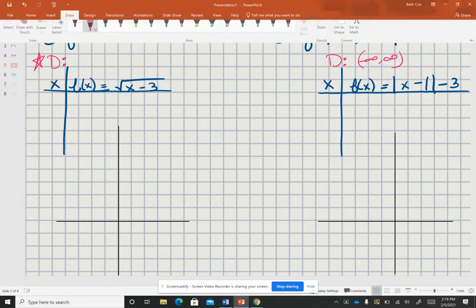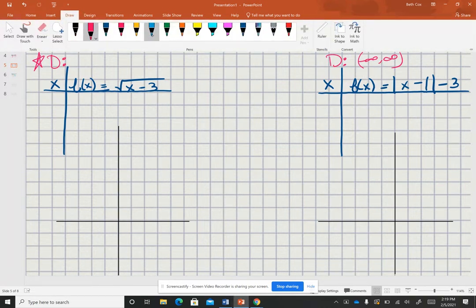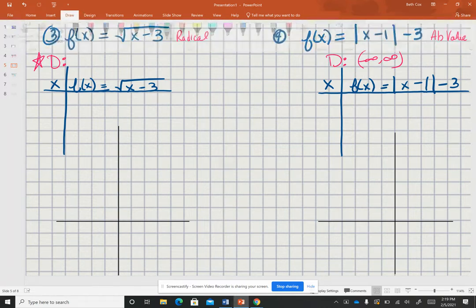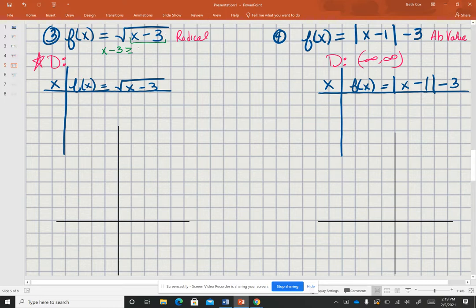From the domain of an equation, we take what's inside the radical and we set it greater than or equal to 0 and solve. So when I do that, I'm going to add 3 to both sides. And x has got to be greater than or equal to 3. That's my domain.